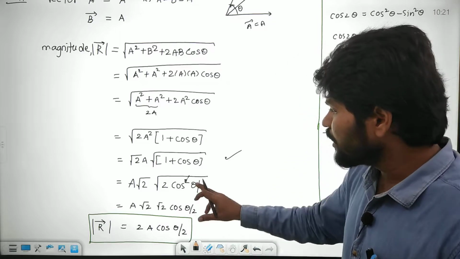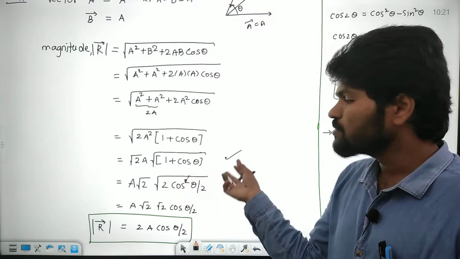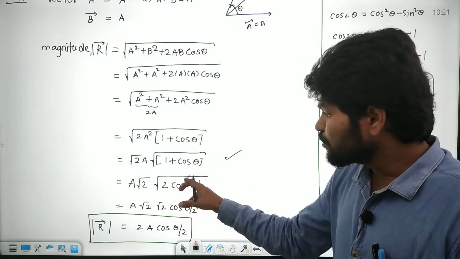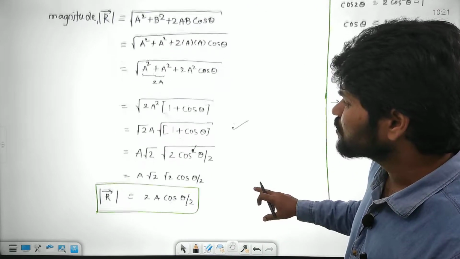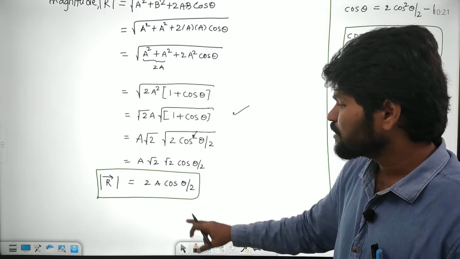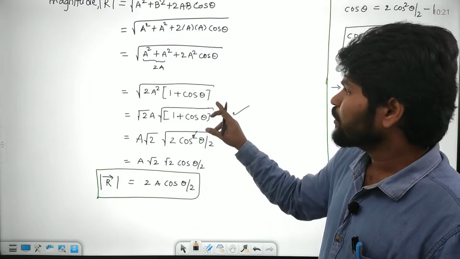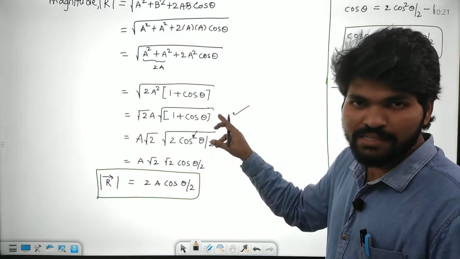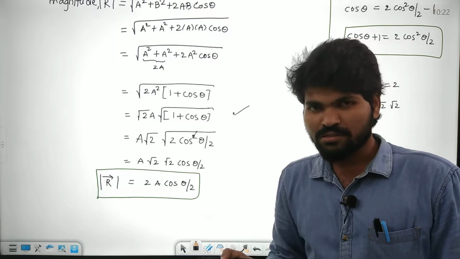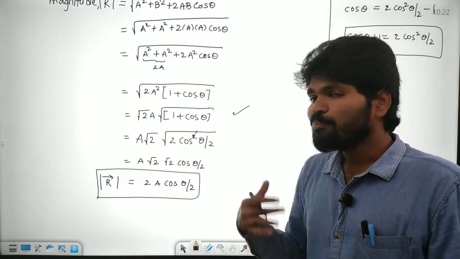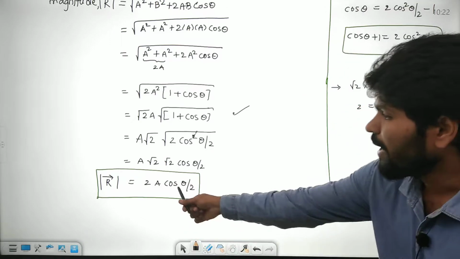For that, you need to use some trigonometric formulae and calculations to get a valuable and reasonable answer. This is also an answer, but you can't keep the answer like this. This is like a normal answer, but this is like a practical answer. Hope you understand. So now we got the magnitude.